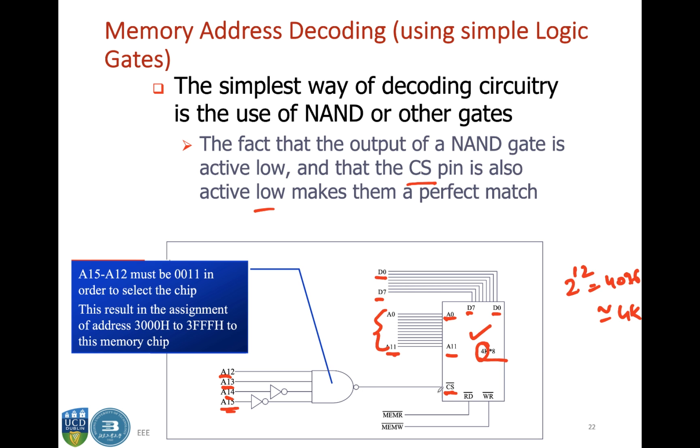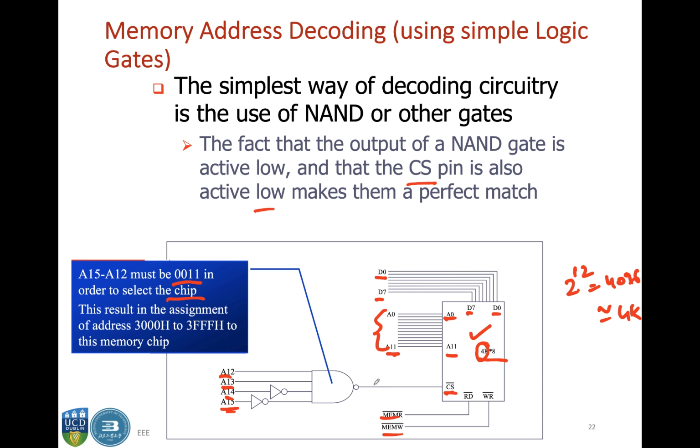The read and write are connected to the memory read and memory write signals. So let's focus on this logic circuit. A15 to A12 must be 0011 in order to select the chip.